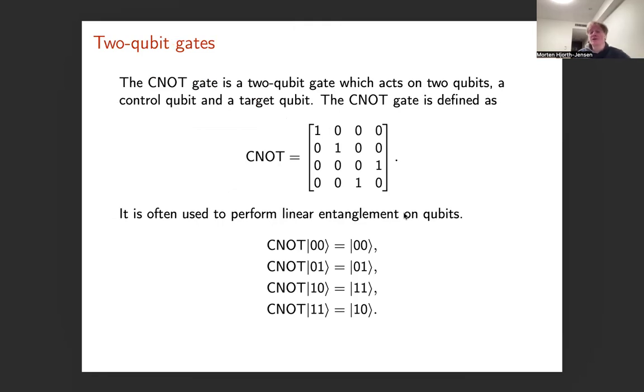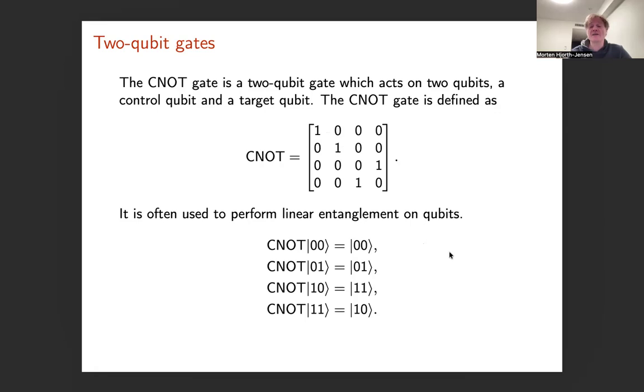The other famous gate, which we are going to encounter again and again, is one of these gates which allows us to entangle a 2-qubit system, which can be initialized in the state 0,0. And this is the CNOT gate.